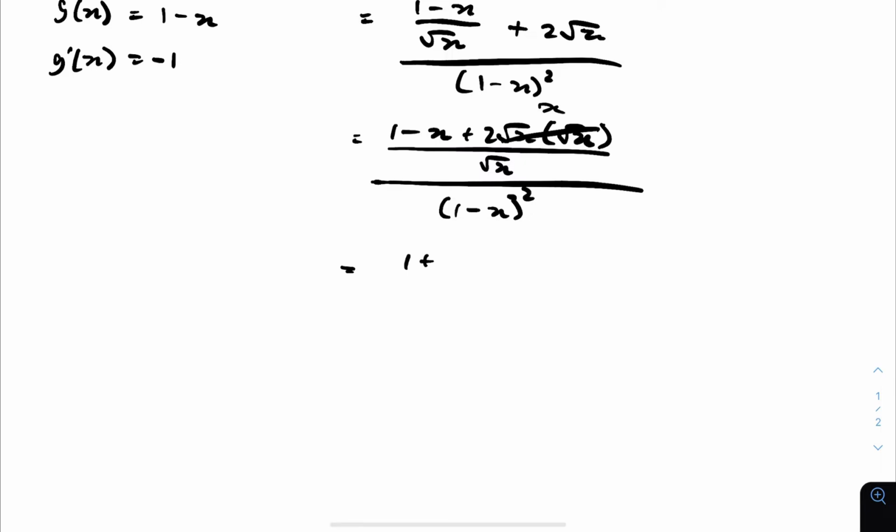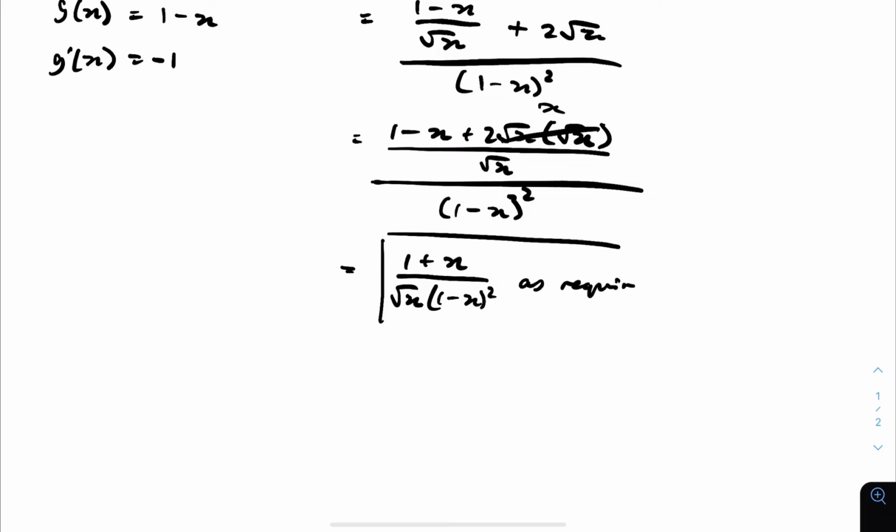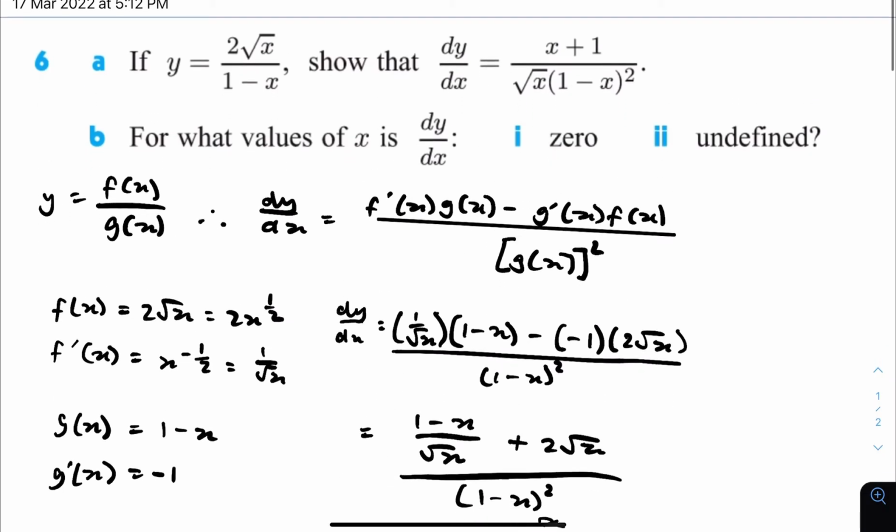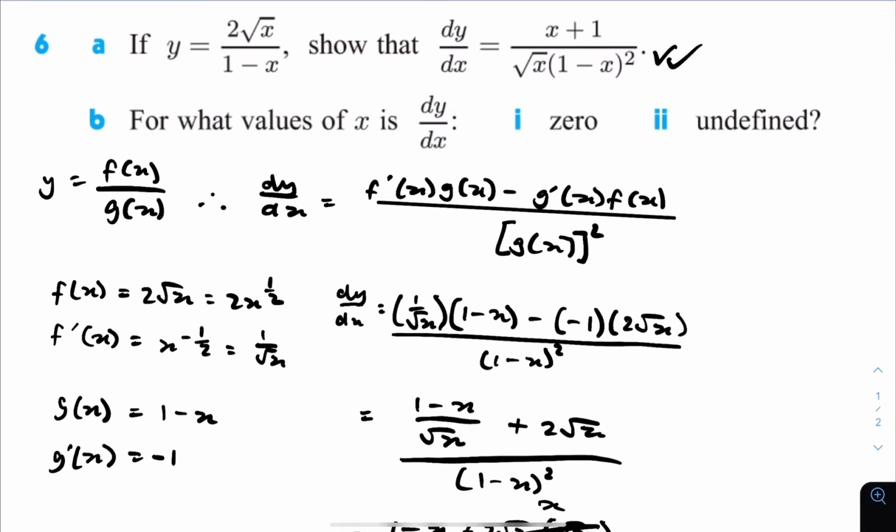So we get 1 plus x over root x, because when we divide by fractions, this goes to the denominator, times 1 minus x squared, as required. Always good to end with something like that when we have a show that question. And that matches this, so we're correct for this first part.